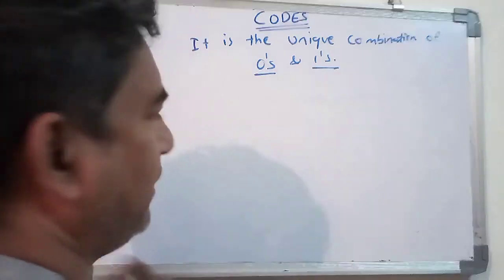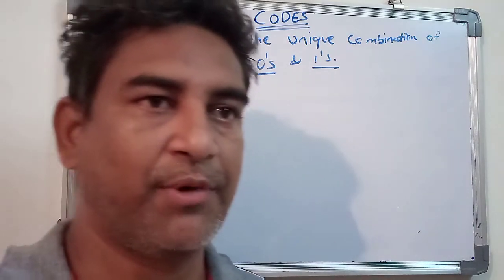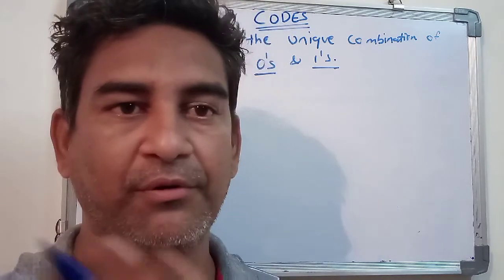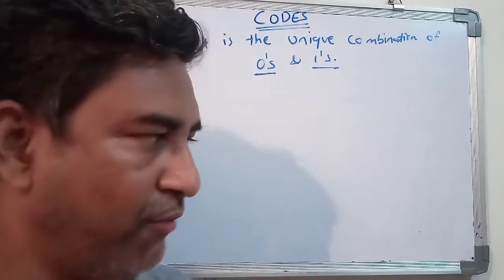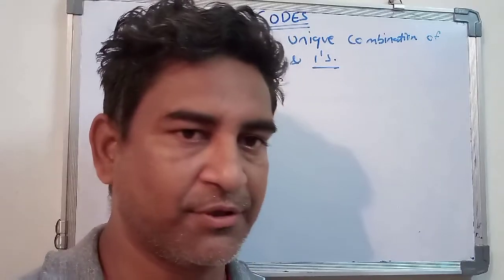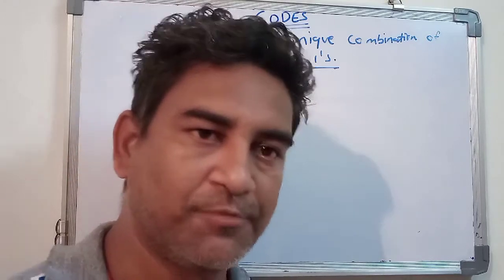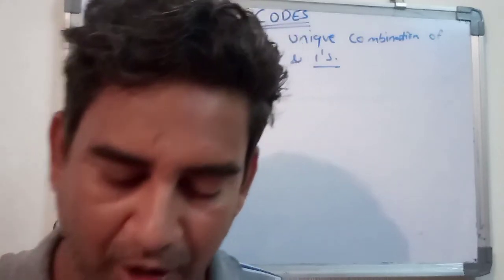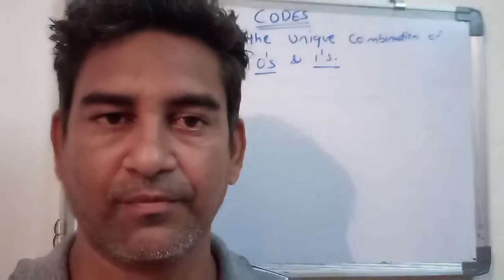This 0 and this 1 are very important, because from these zeros and ones we are able to identify the meaning of that particular number. Up till now we have studied the binary system. That binary number system, in this context, is called natural, or you may say straight binary code.